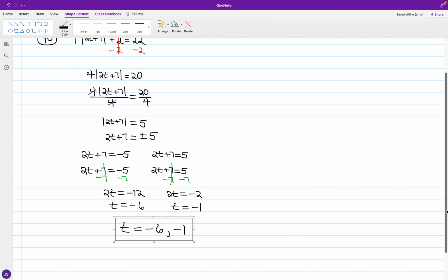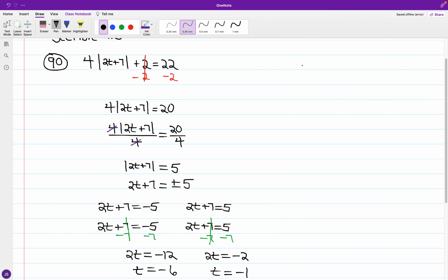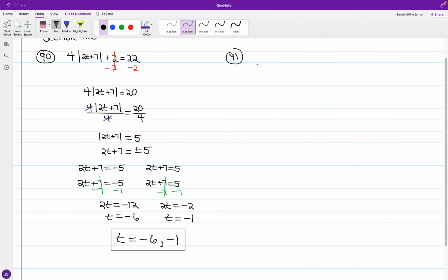Now for the next item, number 91, we're looking at an absolute value equation in terms of the variable c. So we have negative 3 is equal to the negative of the absolute value of c minus 7, followed by the addition of 1.